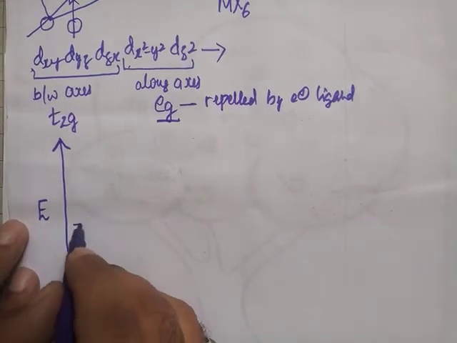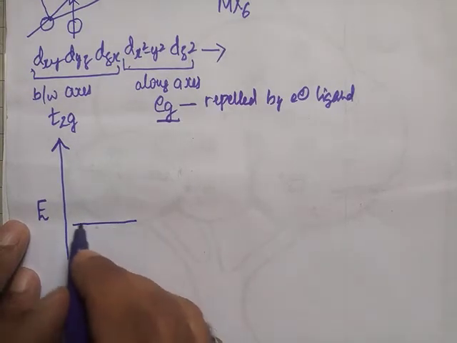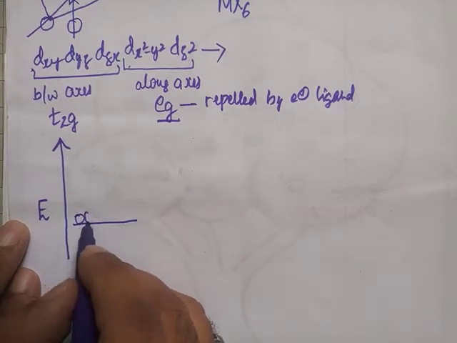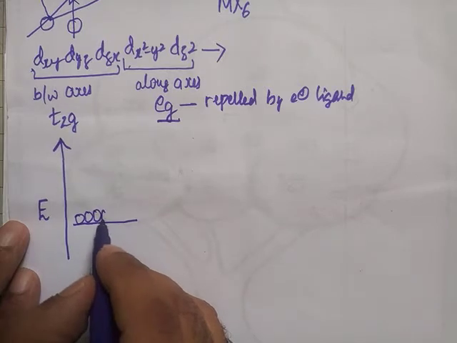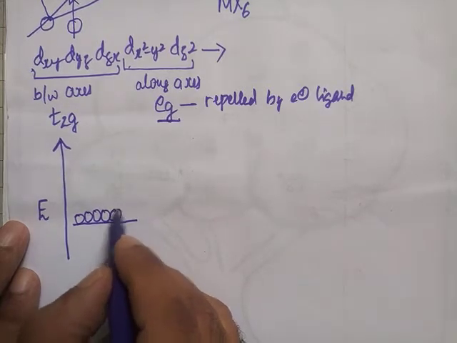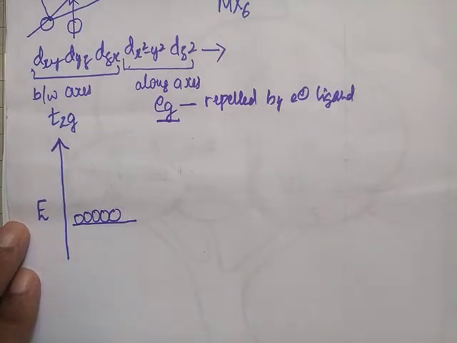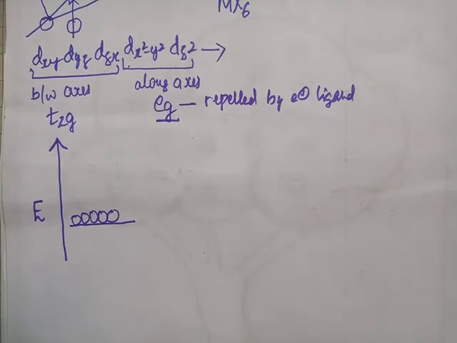So this is the degenerate state, degeneracy. These are the 5 d orbitals of the central metal ion.